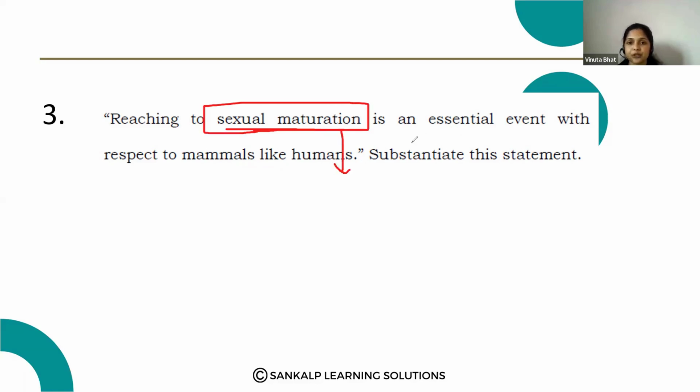For reproduction. It is an essential event with respect to mammals and humans because it is related to reproduction. After reaching sexual maturation, mammals like human beings are able to reproduce. Before sexual maturation, it is not possible. So it is a very essential event in mammals like human beings. Okay, please note down this question.